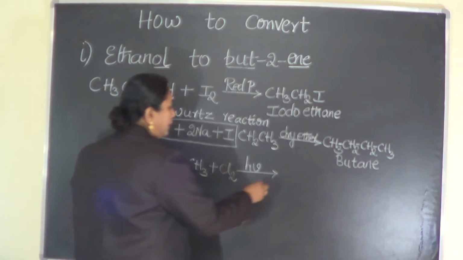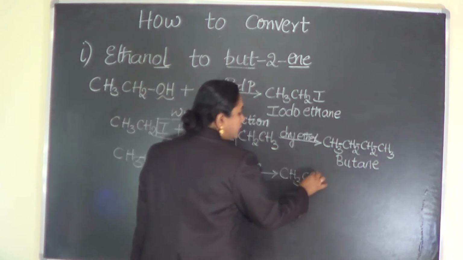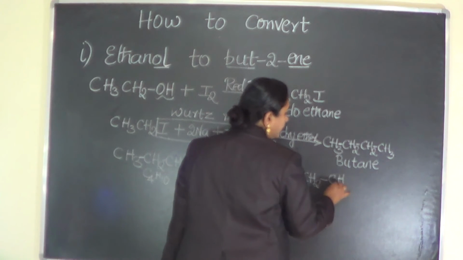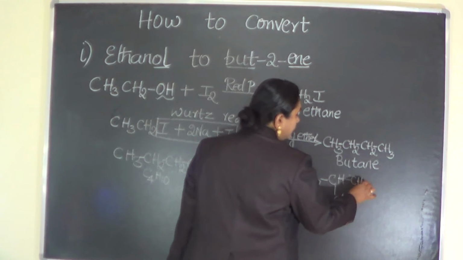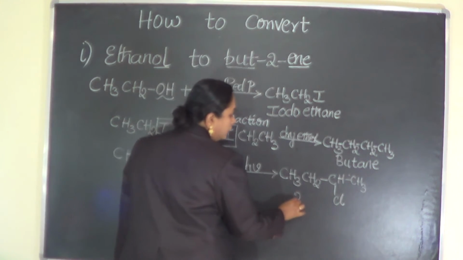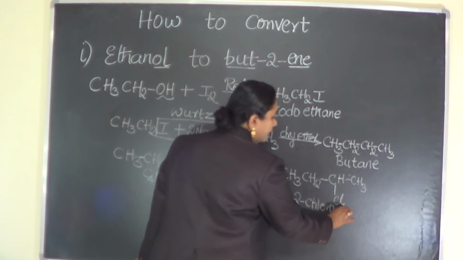So let us see what would be the name of the compound. CH3CH2CHClCH3. So we landed up with the formation of 2-chlorobutane.